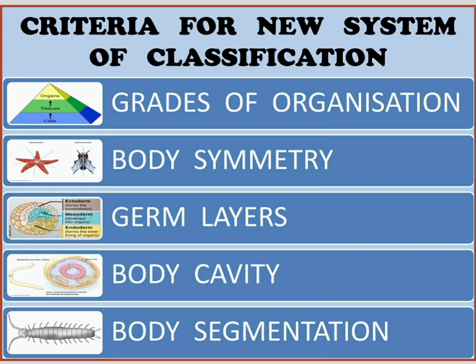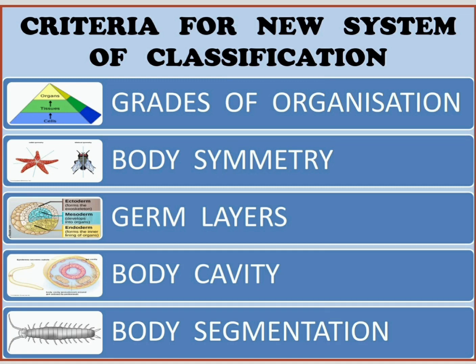Now, as per this new method of classification, there are certain criteria based on which the new system has been developed. So, what are these different criteria? The first one is called the grades of organization. The second one, body symmetry. Third one, germ layers.